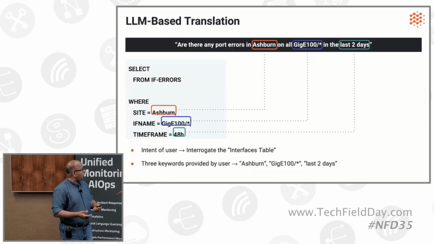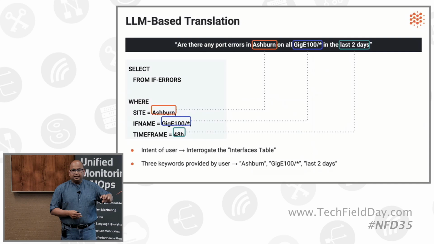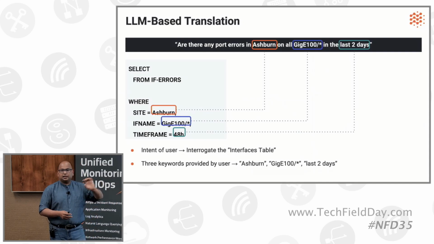So the job of the LLM is this: if I were to enter a SQL query, it would say select IF errors where site equals Ashburn, port equals Ethernet star, time frame equals 48 hours, because those are the columns in my underlying table. The LLM needs to be able to take that English sentence and slot those different things in the right slots. That is its problem. How does the LLM do that? We're going to talk about that next.